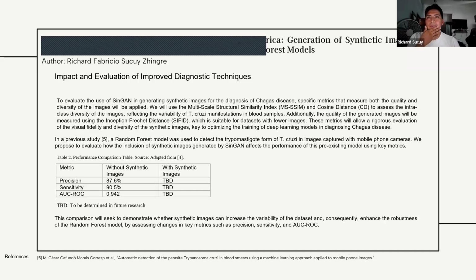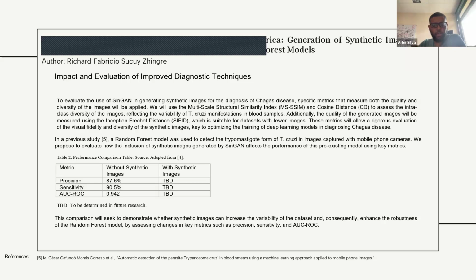Another important thing is the dataset: Trypanosoma cruzi has few images.